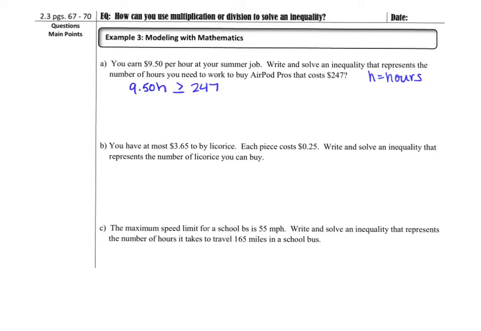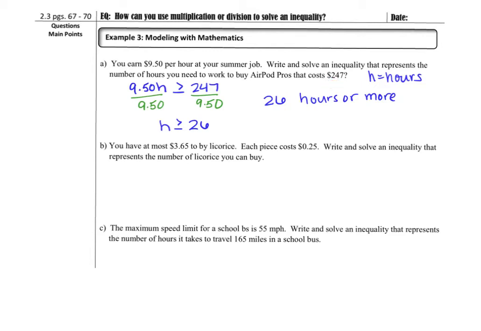To solve this inequality, you would just divide by the $9.50. So your H would be greater than or equal to 26. So that means you would have to work 26 hours or more to be able to purchase the AirPods.